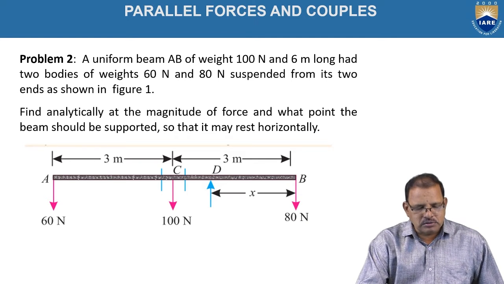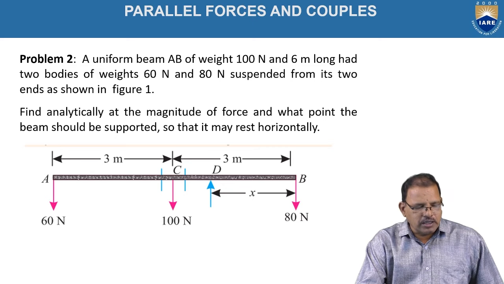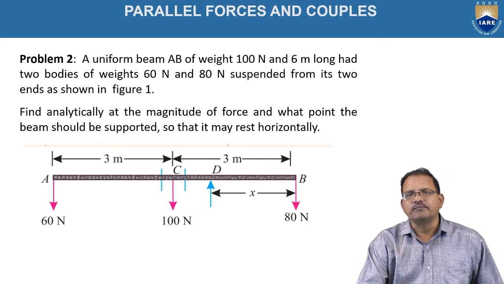According to the diagram, the total length AB is 6 meters. At A, 60 newtons, in the middle 100 newtons, and at the other end 80 newtons are acting.